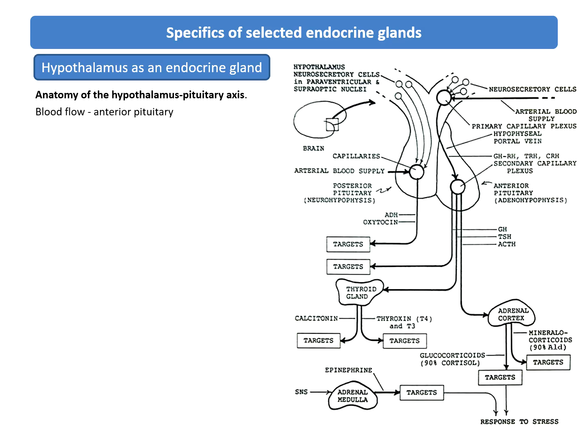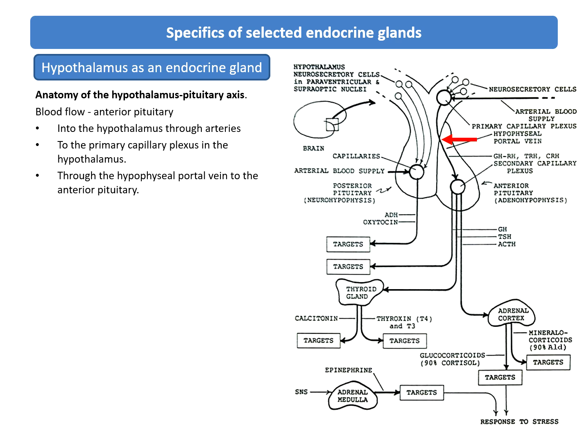Let's look at the blood flow to the pituitary glands. Blood flows into the anterior pituitary through various arteries. The blood enters the primary capillary plexus in the hypothalamus. A plexus is a network. Capillaries are tiny blood vessels which allow for the exchange of material.